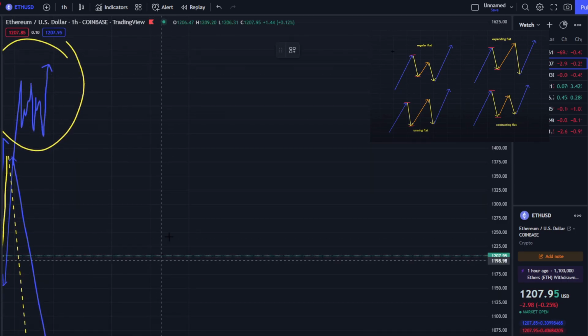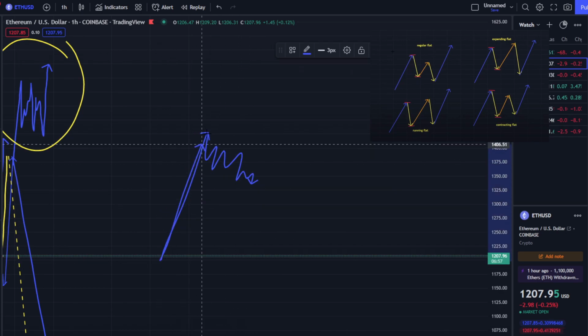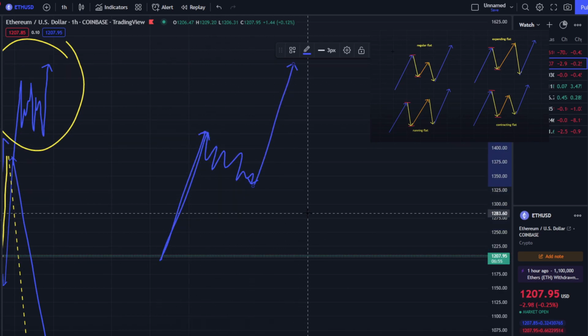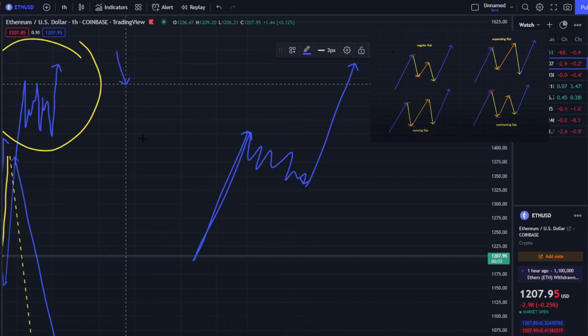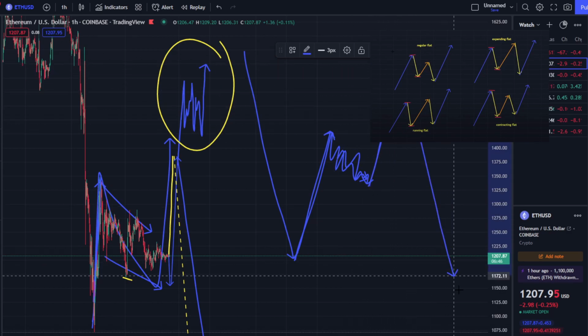But when you have an impulse and you have a small correction, you know that the correction is for that impulse, and then you'll expect another impulse. All right. So even if you have a down move before it, the fact that it's a small correction makes you think that this will probably go up and not be some sort of a correction for that down impulse. All right.